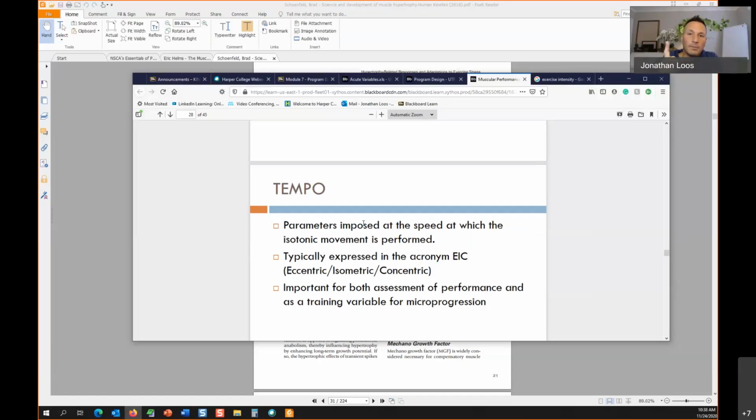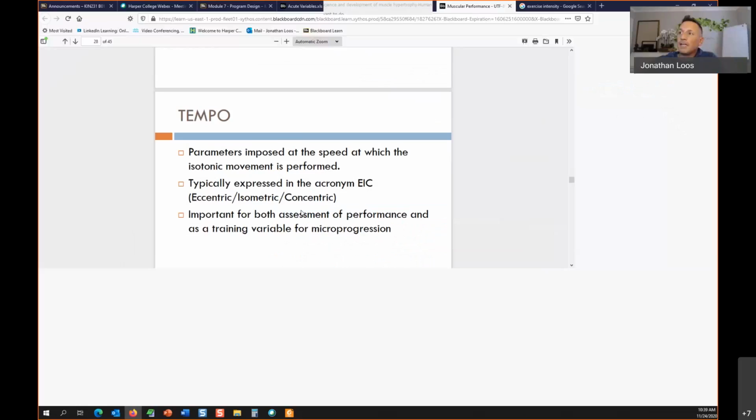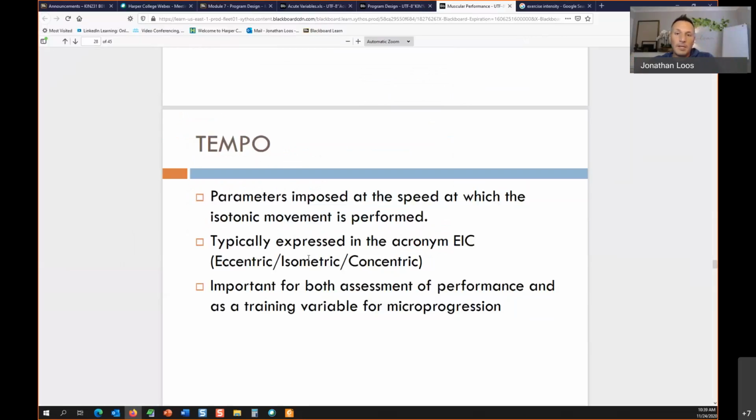You can distribute that 2 to 6 seconds however you see fit between the eccentric and concentric phase of the lift. So you could stay within a 3-second or 4-second repetition, and you can have 2 seconds down in the eccentric, 1 second transition in the isometric, and 1 second up in the concentric.